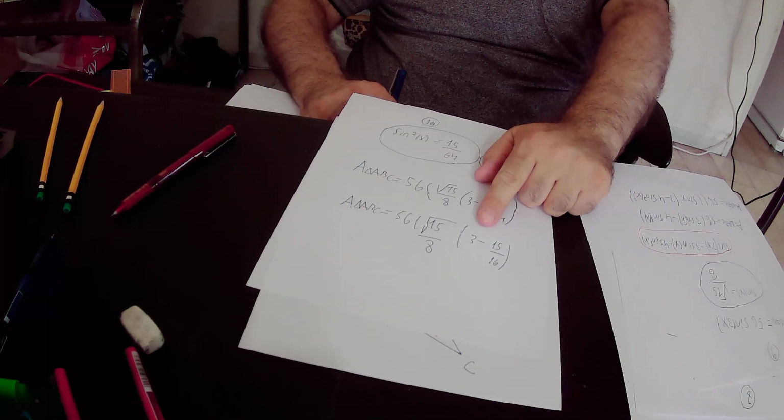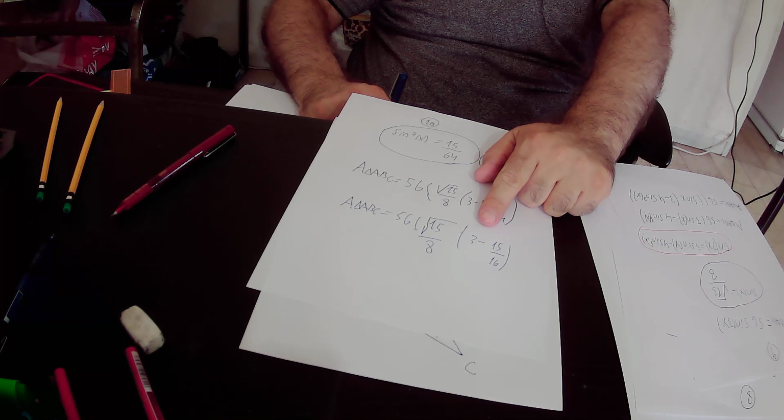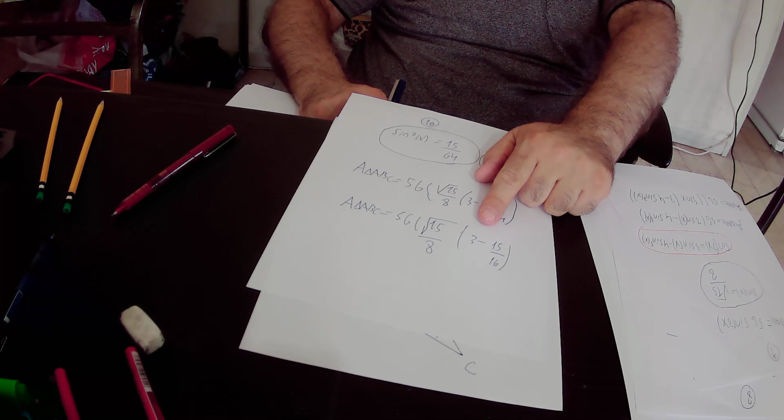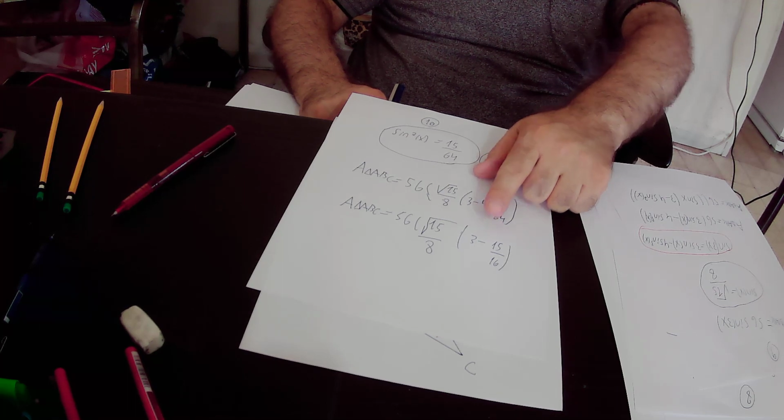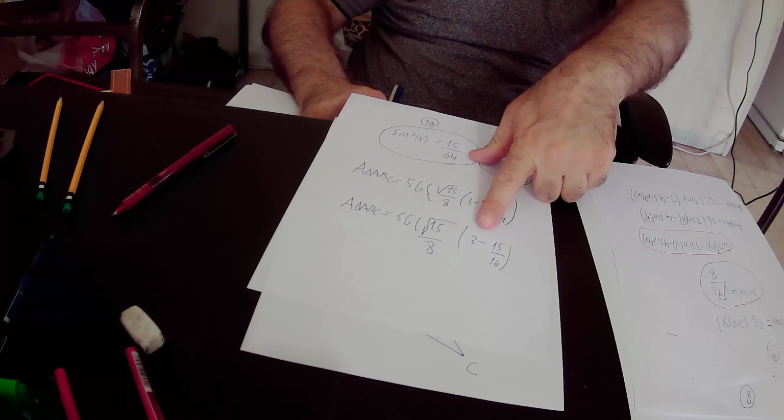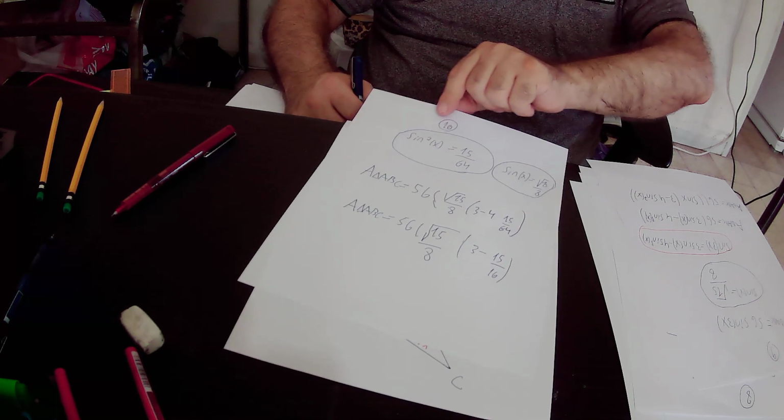Here, instead of 3, we can write 48 over 16. 48 over 16 equals 3.